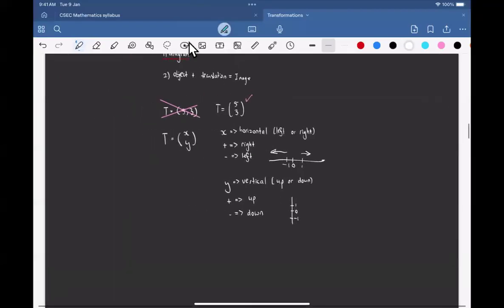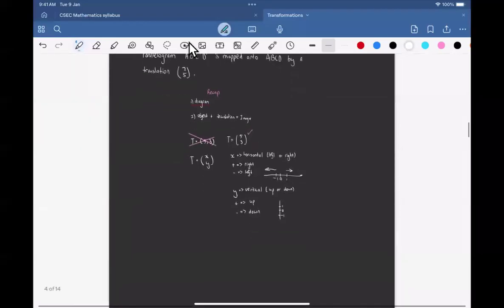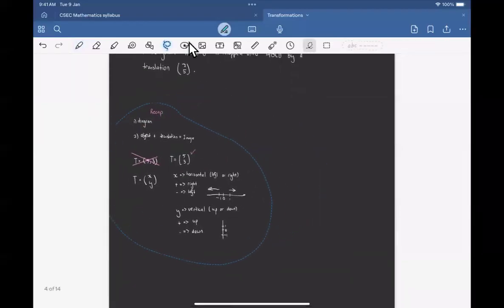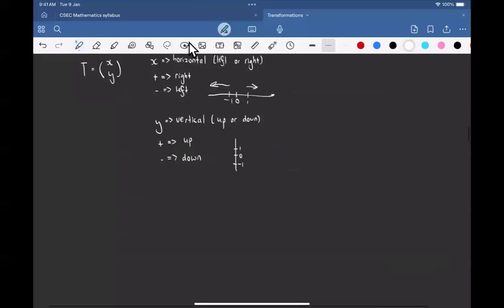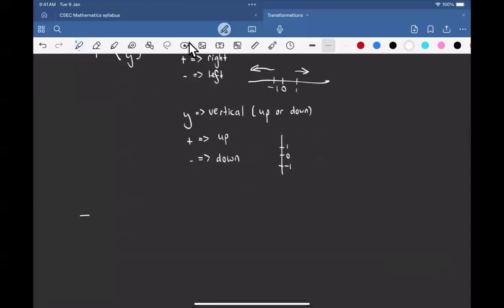The summary will be in the notes. And the final statement should look like this. This over here is the image.